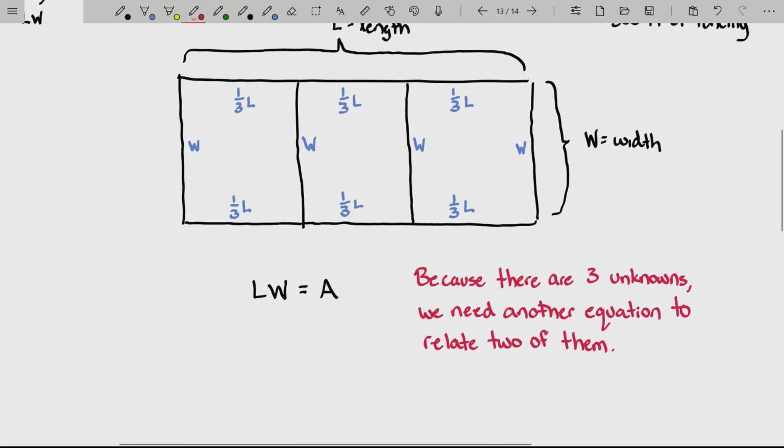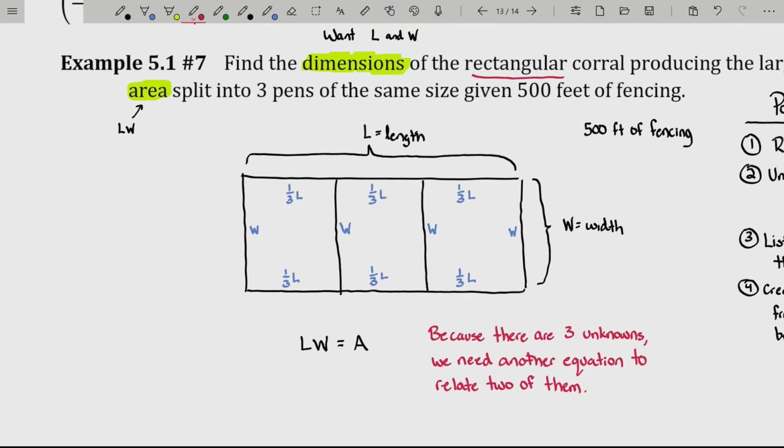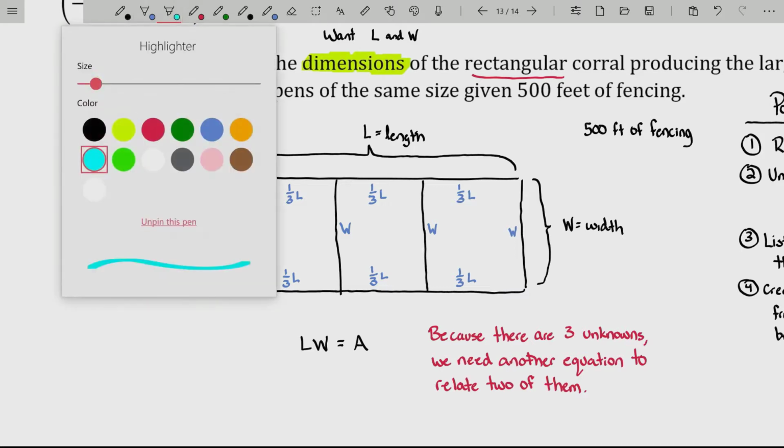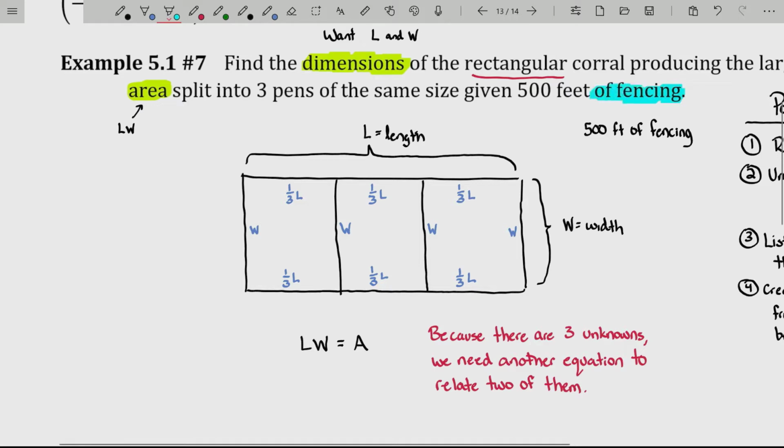And luckily, we do have within this problem another statement. We haven't even highlighted it, but I will here. So I know we have 500 total feet of fencing. That means 500 should be the total amount of fencing that we use here. All of this highlighted stuff right here is all fencing.